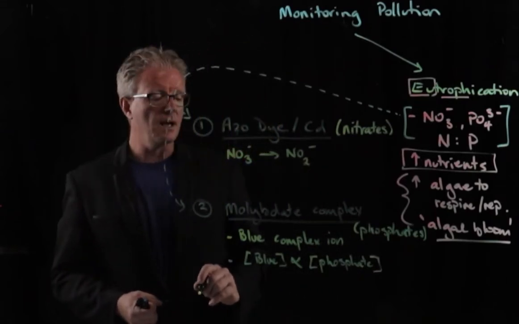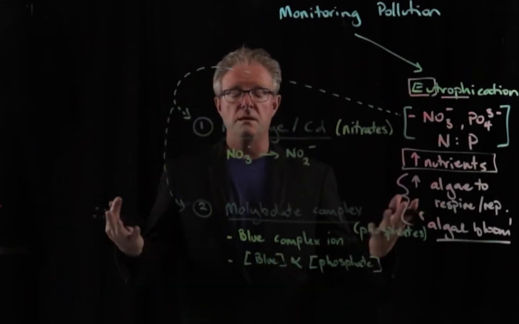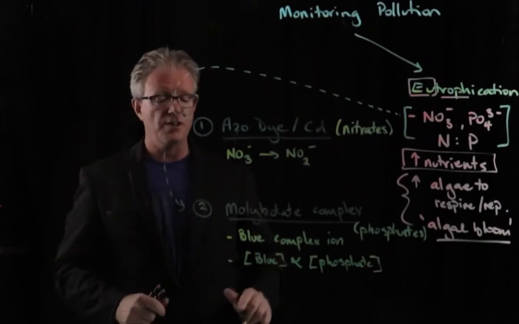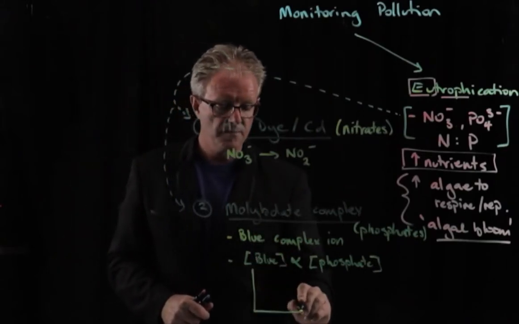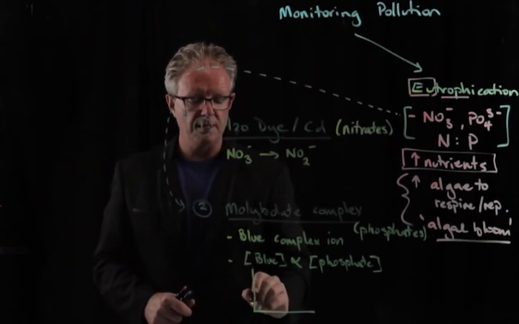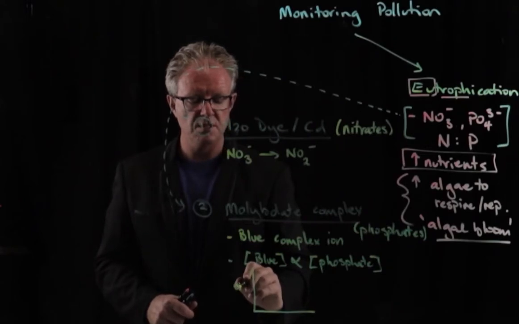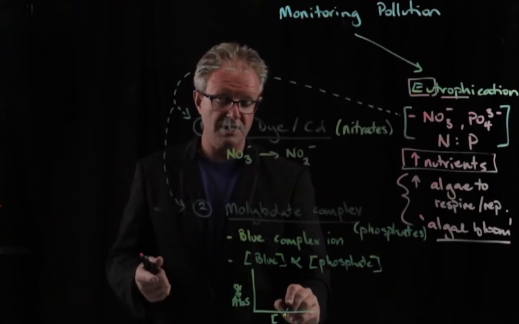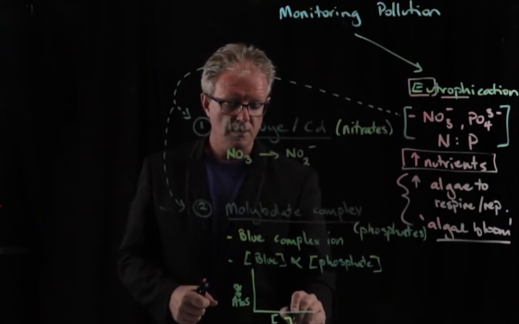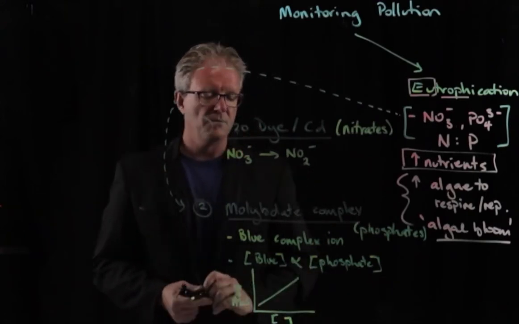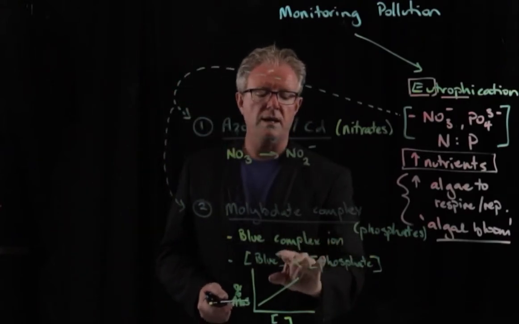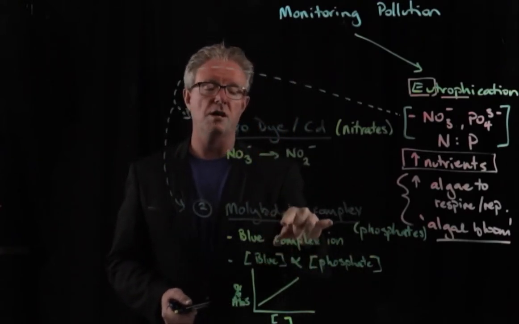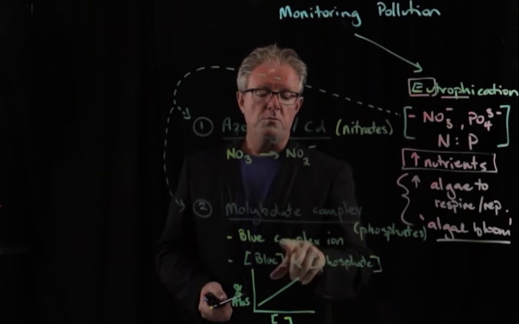According to the Beer-Lambert law, but we don't have to get into that. Basically, you have your percentage absorbance and the concentration of your standard solutions, and then you'll get a relationship here. So you mix ammonium molybdate and vitamin C, and that will form a blue complex.